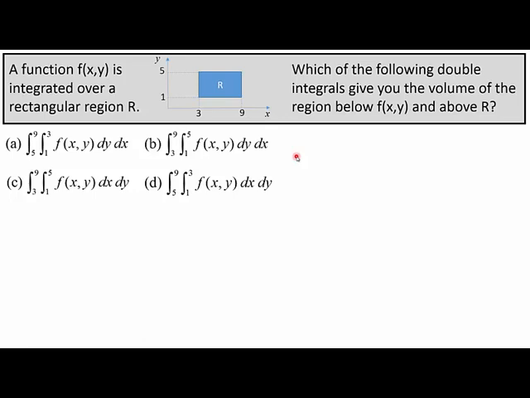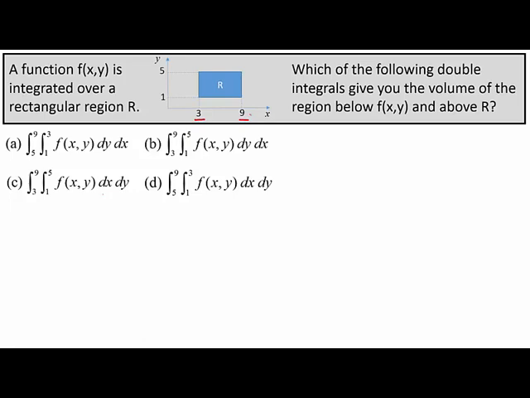We are now ready to explain the answer. Now firstly, notice that the x limits of R are from 3 to 9. Let us then examine the integrals where we see dx first.